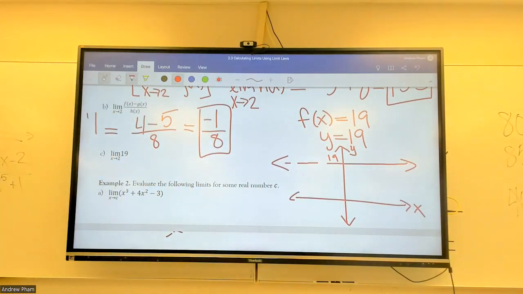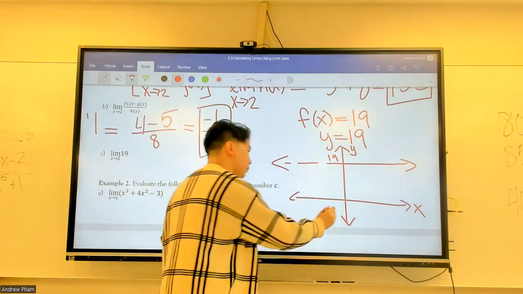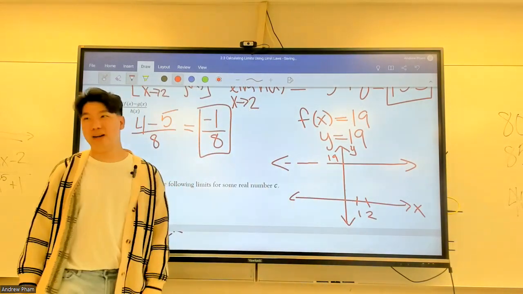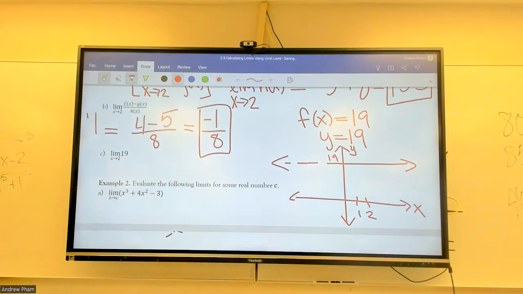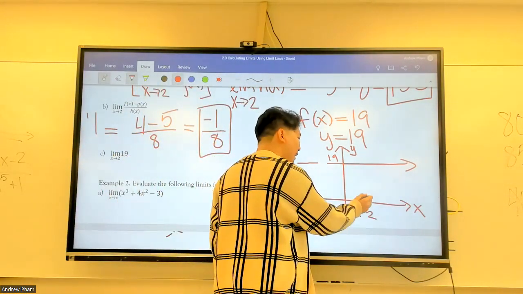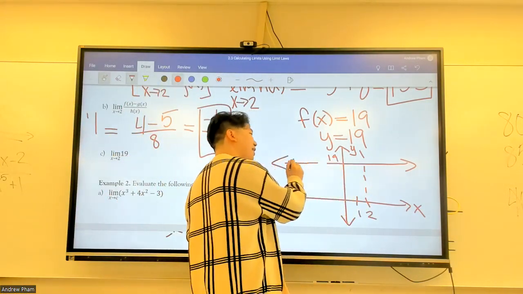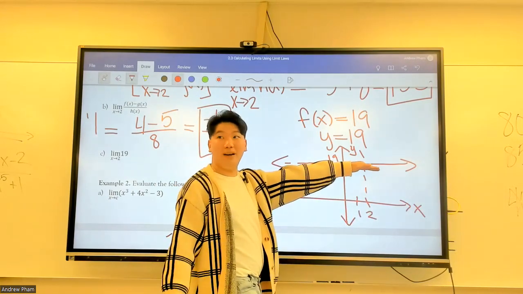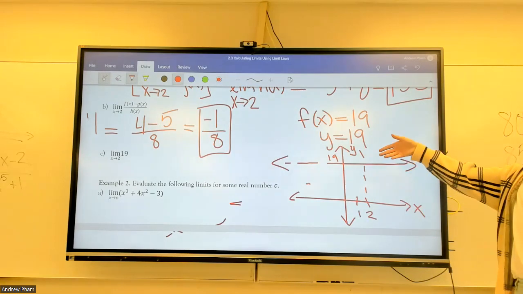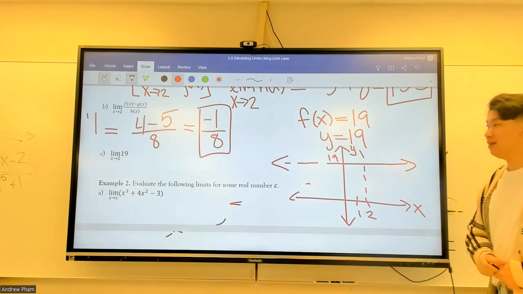So if I take the limit as x goes to 2, 1, 2, what y value are we always approaching? 19, right? Because we can do the same thing as yesterday. I look at x equal to 2. As I come in from the left, I'm going to 19. As I come in from the right, I'm also still at 19.